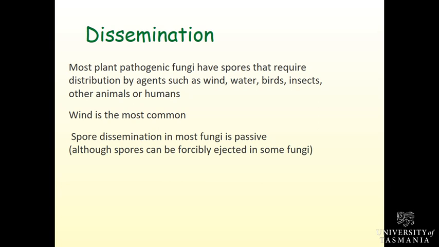Some will be spread with water, may even be spread through irrigation systems, or through soil water, or through rain splash. The rain just hitting it and blasting the spores away. But they may be associated with other biotic agents. Some associated with insects, birds, animals, humans, etc., to actually help move them around.